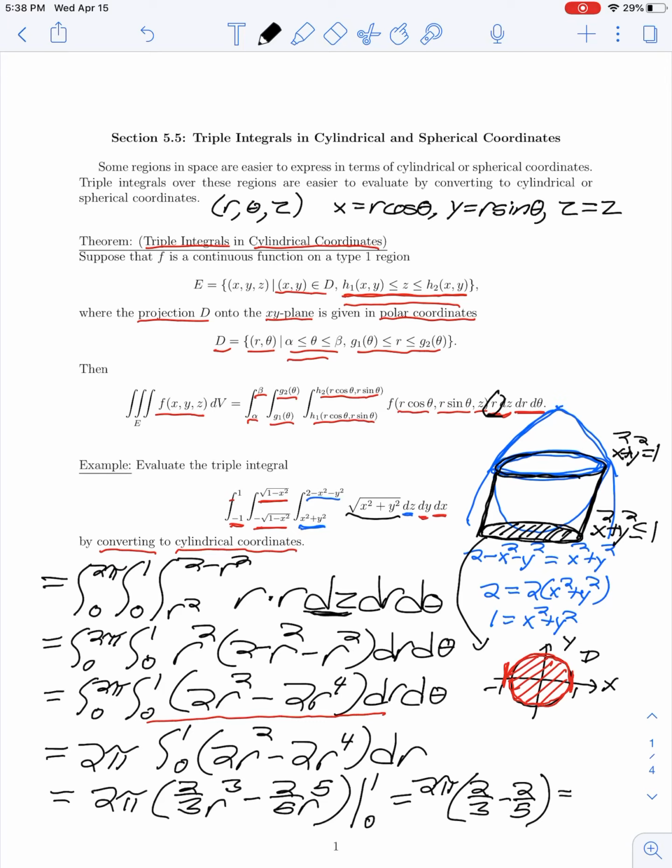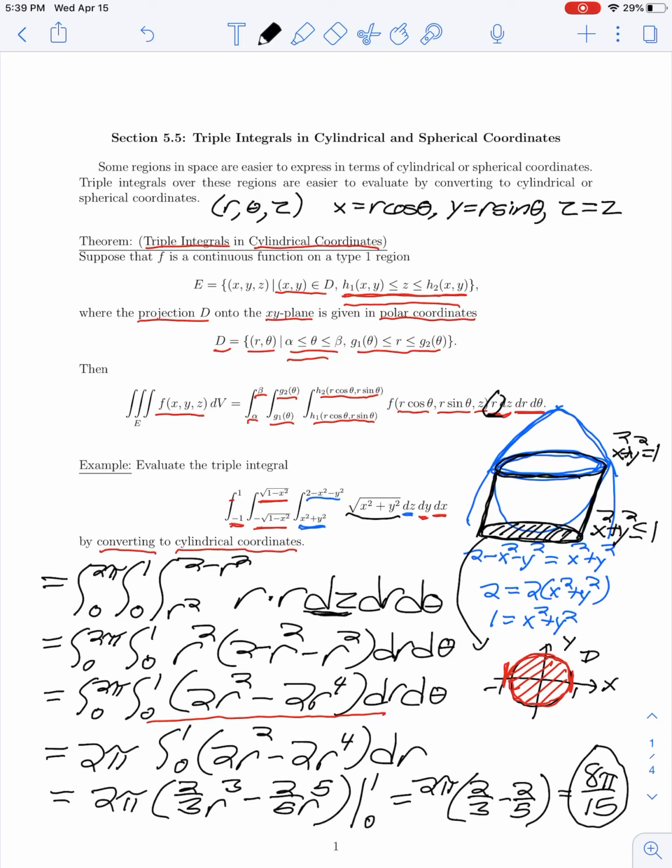And so we're left with a total of 8 pi over 15, getting a common denominator here. So we see that by visualizing the region that was described by this given iterated integral in terms of rectangular coordinates, we could express that same integral in terms of cylindrical coordinates, and we get a function which is much easier to handle.